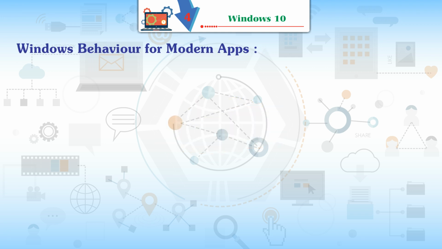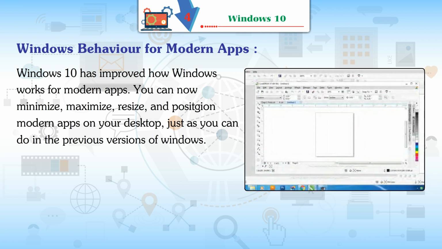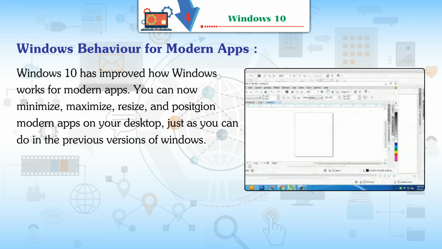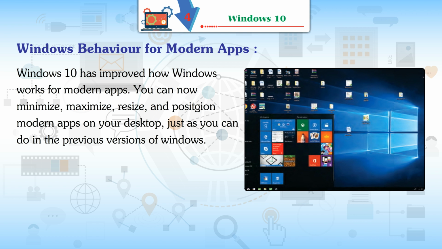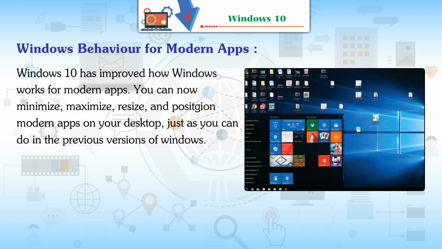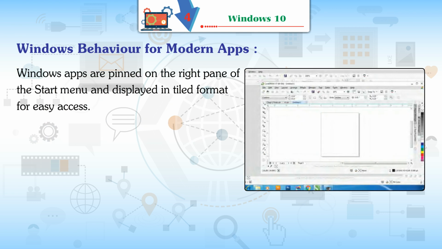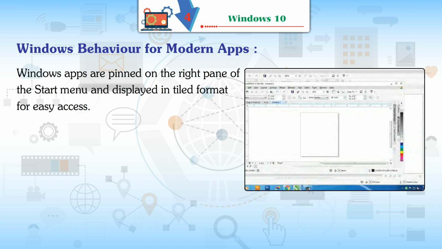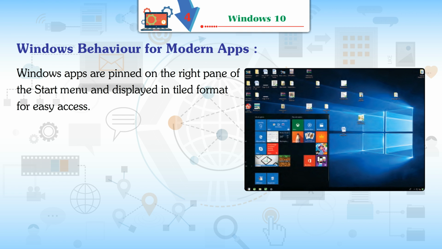Windows Behaviour for modern apps. Windows 10 has improved how windows work for modern apps. You can now minimize, maximize, resize, and position modern apps on your desktop, just as you can do in the previous versions of Windows. Windows apps are pinned on the right pane of the Start menu and displayed in tile format for easy access.